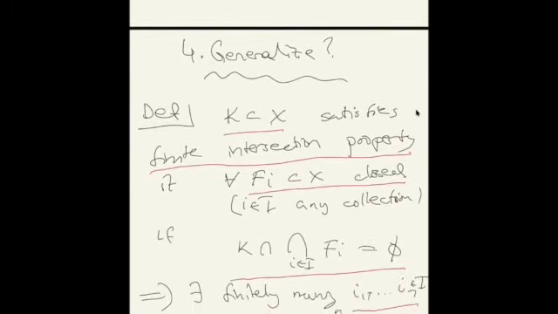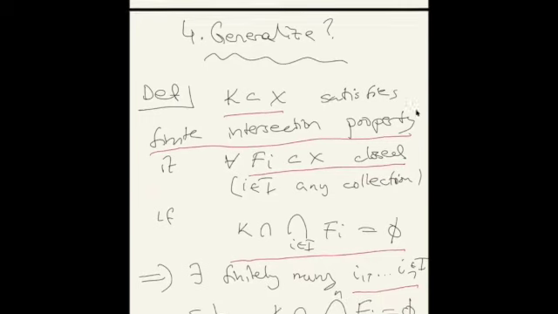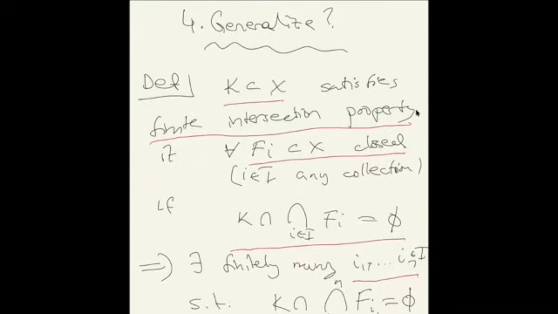Okay, so I would like to talk about this property for general subsets. We need compactness. This is somehow very close to compactness. So we introduce a so-called finite intersection property that looks a bit similar, that involves intersections of sets.